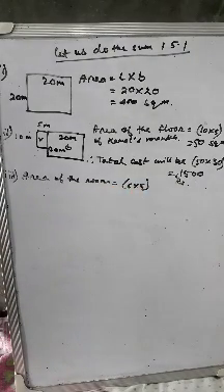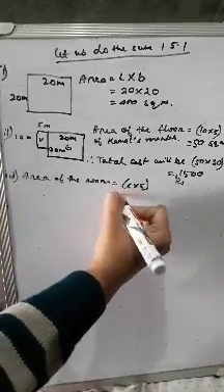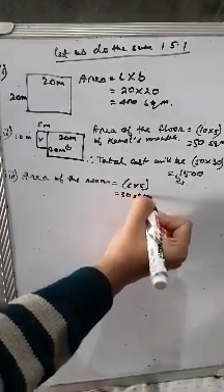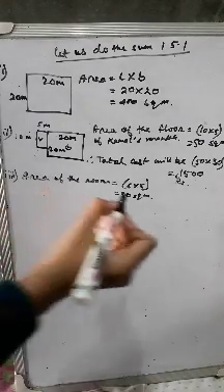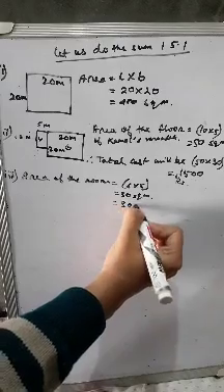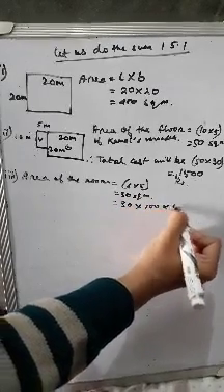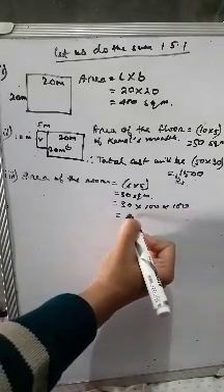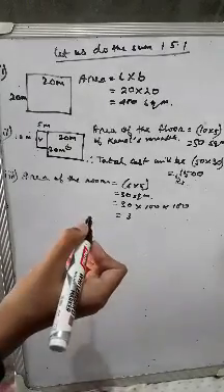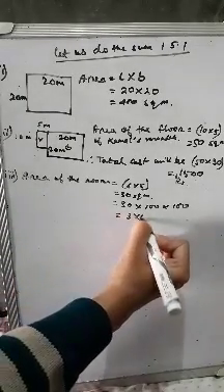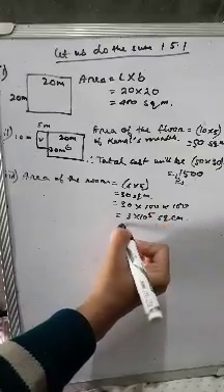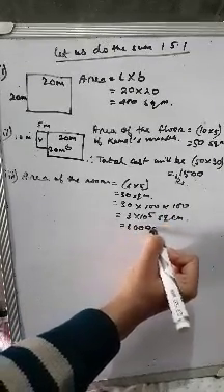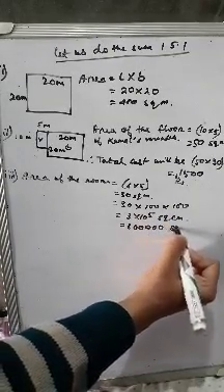That is 30 square meter. You can express it in centimeter also, that means 30 into 100 into 100, that means 3 and 5 zeros square centimeter. I'm just writing the zeros so that you don't make a mistake.